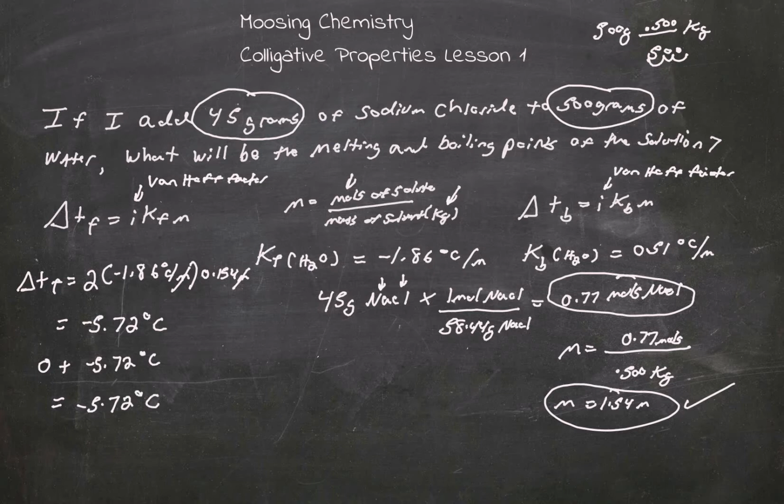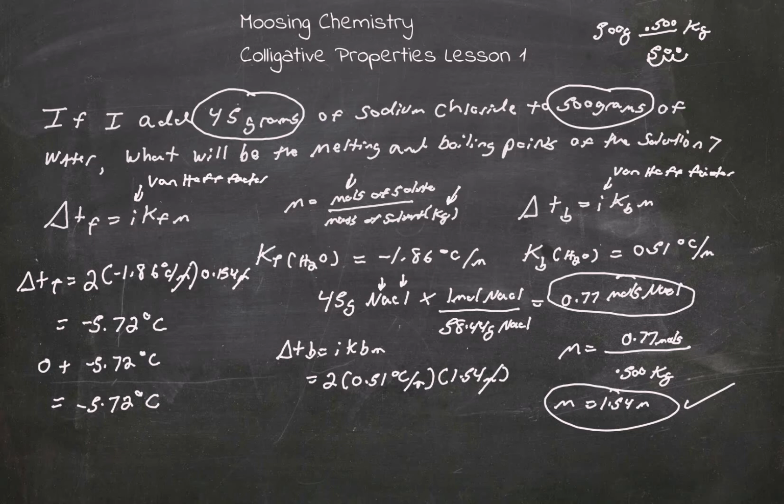All right, let's do the boiling point elevation. Delta TB equals i Kb m. Okay, again, our i value is 2. This time it's 0.51 degrees C over m times our m value, which we got from right here.